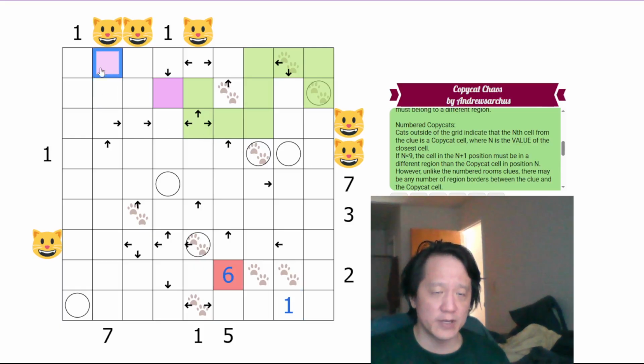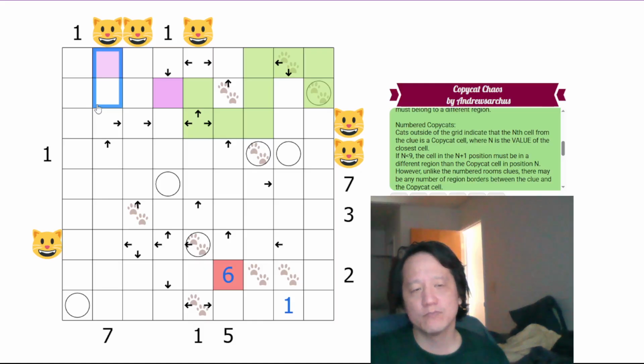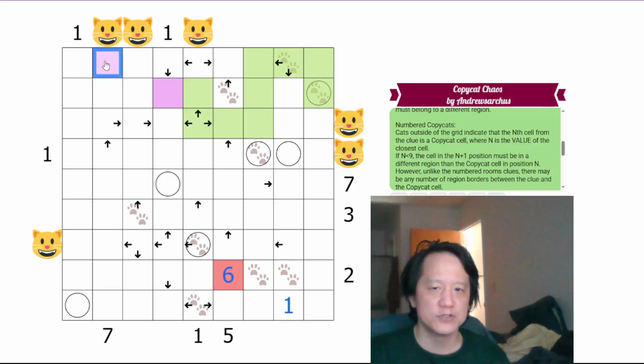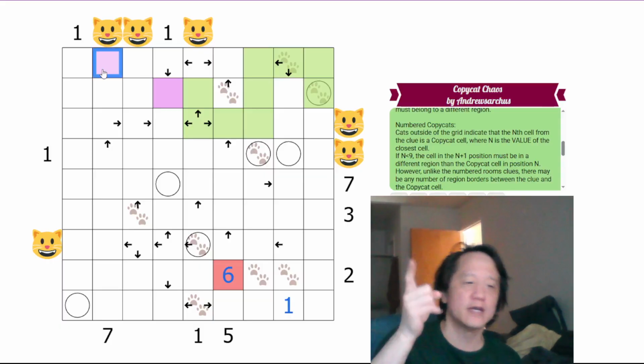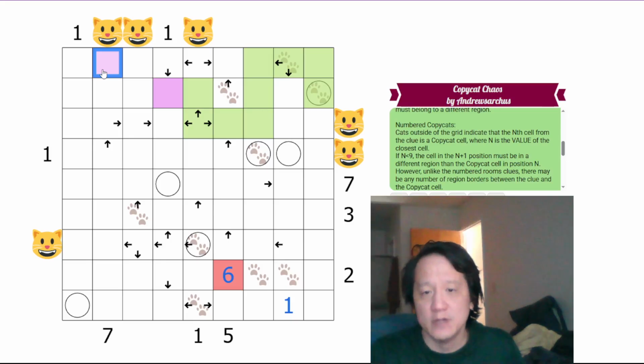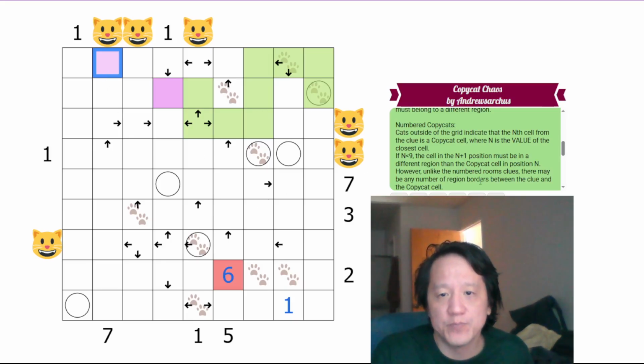Because for the copycat cell here, n is the value of the closest cell, and n indicates that the nth cell, which would be the first cell, from the clue is a copycat cell. And remember, we have 1 copycat cell per row per column, so that helps there.